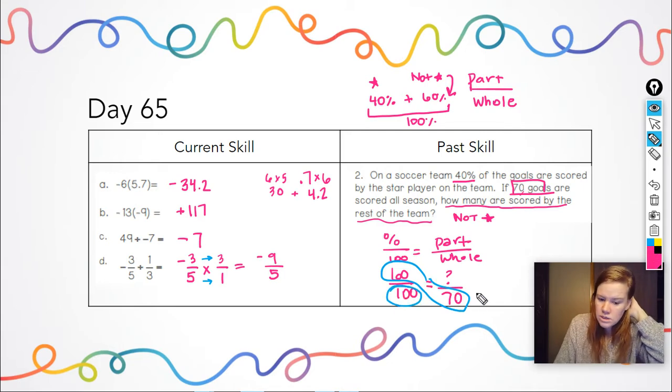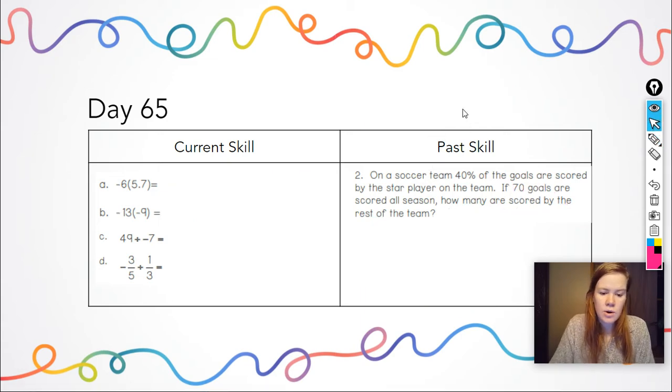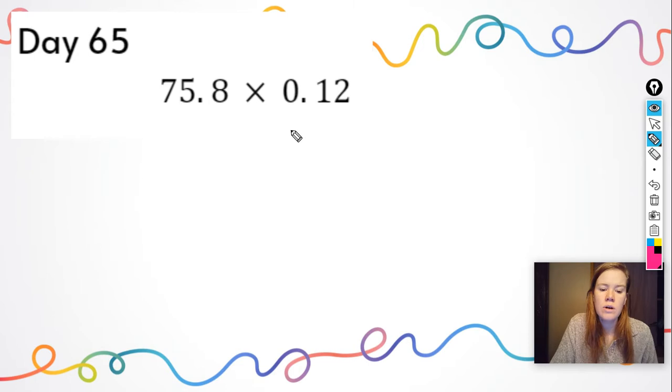And 60 times 70 divided by 100 is 42 goals, I do believe. You guys can check my work, but yeah, let me just double check myself. 60 times 70 divided by 100. Yep, 42 goals would have been scored by not the star player. So just be careful that you're answering the question that's being asked. 42 goals. All right, guys, go ahead and go to your daily dose now.